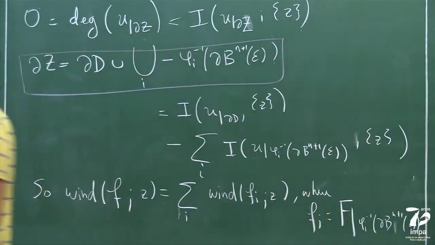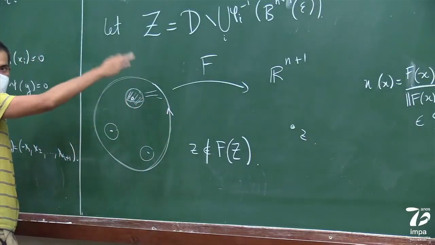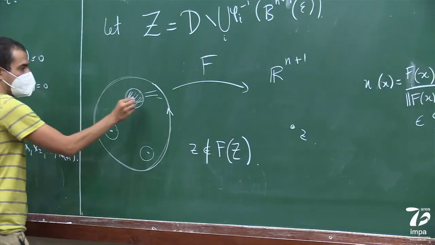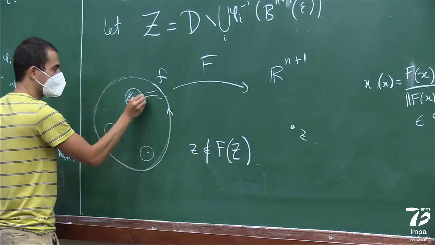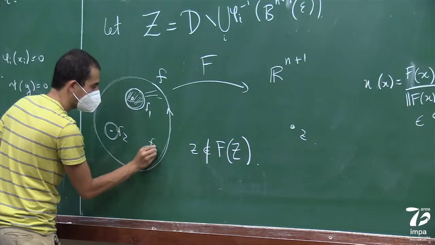Okay? So the idea is I had this function f here. I extended it to this capital F everywhere. And this is kind of my f. So now I have these little f's, f1, f2, f3, etc.